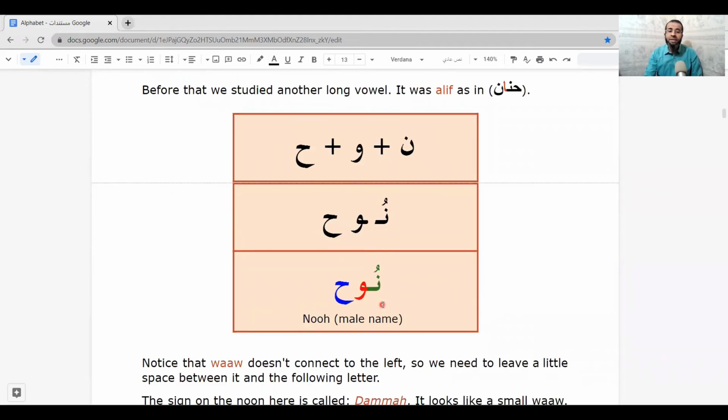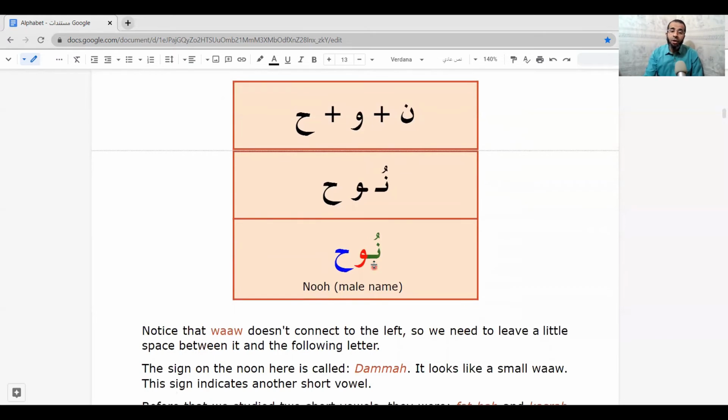Do you notice the sign above noon? We'll come to it now. But I want you to notice that wow doesn't connect to the left. So we need to leave a little space between it and the following letter. Look here, wow and ha are not connected because wow is one of the letters which don't connect to the left, only from the right.